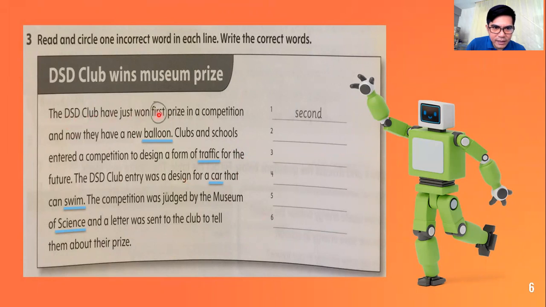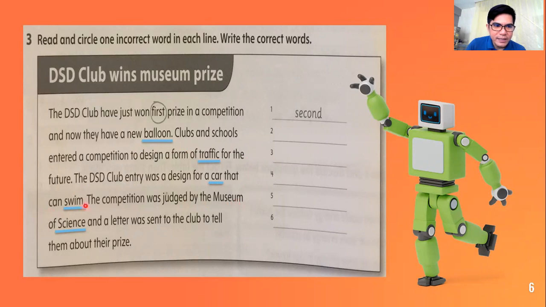Here is the line. So the instruction is read and circle one incorrect word in each line. So I underline already. This is line 1, circle, and then the correct answer. Line 2, here is the incorrect word. Line 3, this is the incorrect word. Line 4, this is the incorrect word.